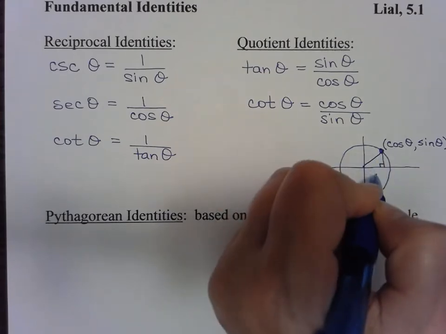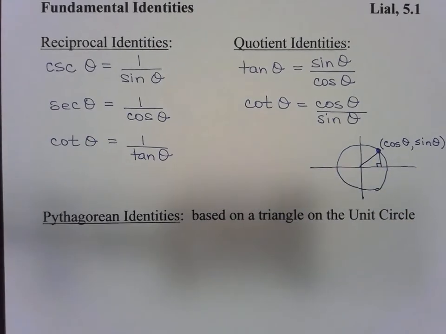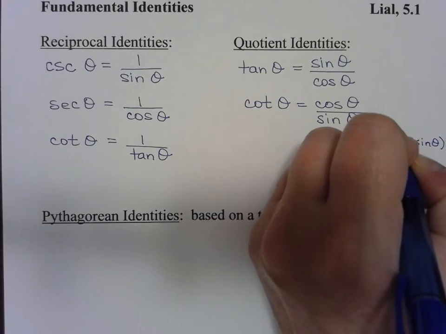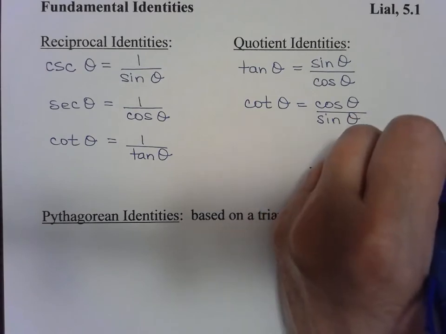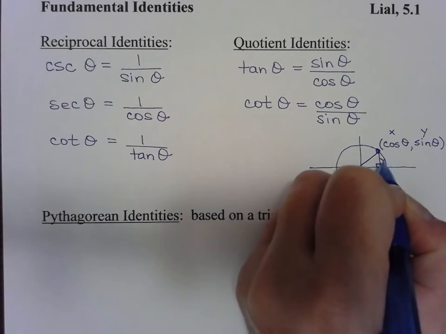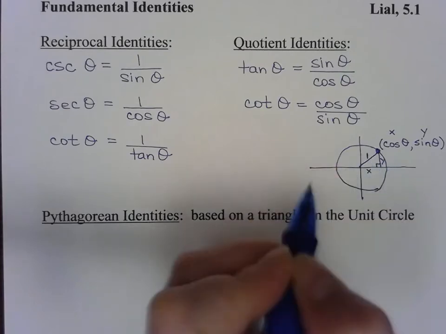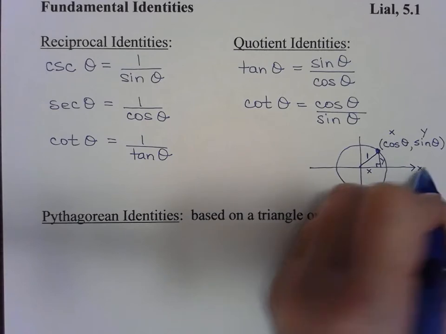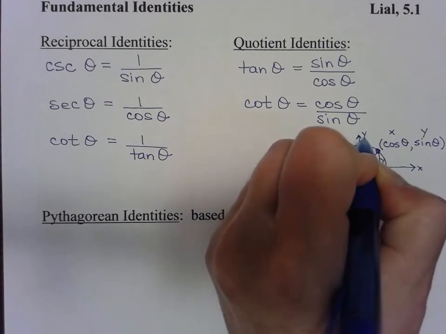So this is acting like the x, and this is acting like the y, and the x would be this side of the triangle, the y would be this side of the triangle, and since it is the unit circle, the radius or the hypotenuse is 1.